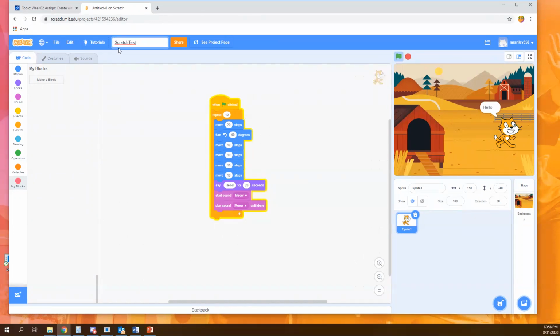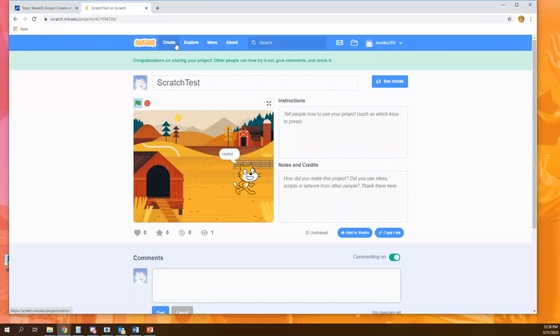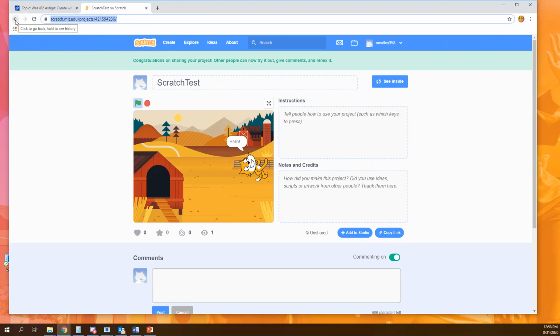And now that I've named it, I can share it. When I click share, I can copy the URL that it's given, and post that in our discussion board. That's what we want, posted in our discussion board.